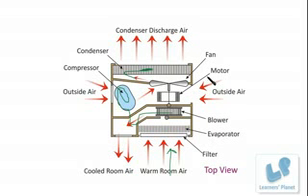So here the motor and the fan also play a very important role. Here the outside air comes in, and it will cool the room, and then the cooled room air will come inside the room and it will cool the room finally, right?